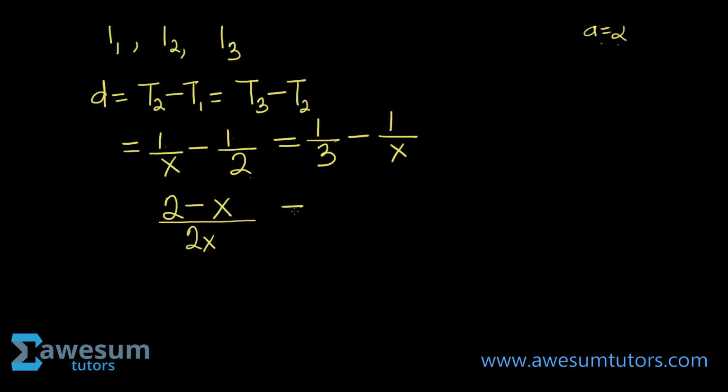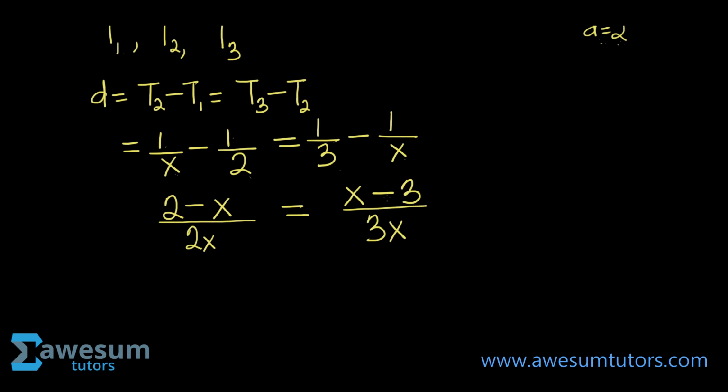Equals also this: find the LCM of 3 and x, that is 3x. 3 in 3x is x, you have x remaining, x times 1 is x, minus x in 3x is 3, 3 times 1 is 3.